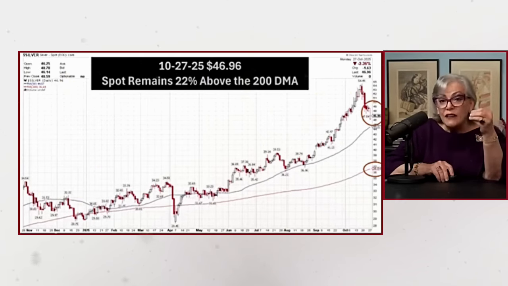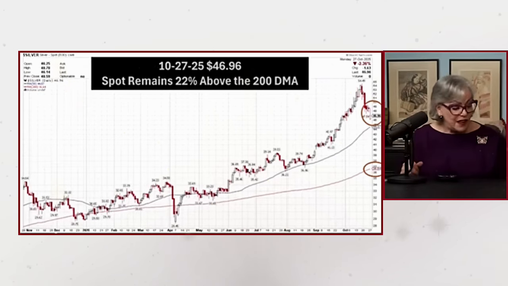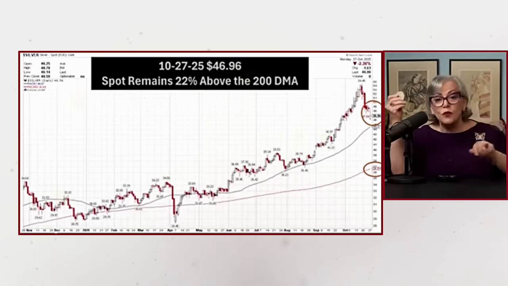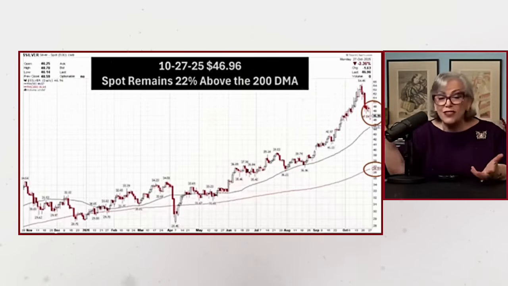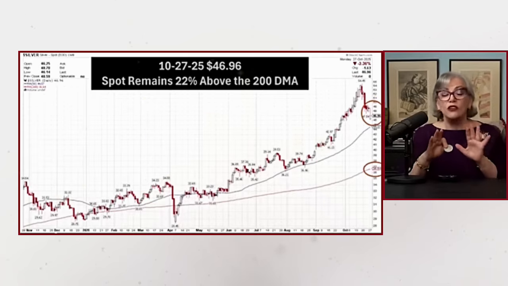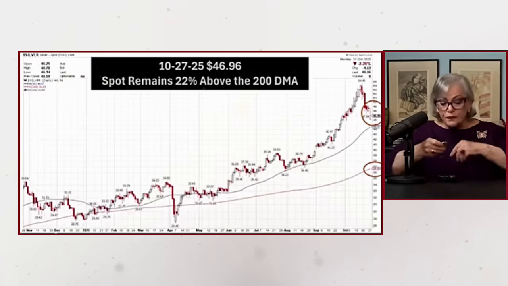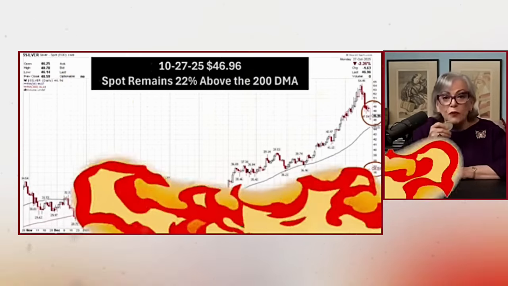So I frankly, knowing that this is a trading instrument and that it does not represent the true fundamental value of an ounce of silver, which is somewhere around $2,000, this is an opportunity to get in. Because with silver, for me personally, and you have to do whatever you're comfortable with, so I can just speak for myself. But for me personally, silver is my barterable position.